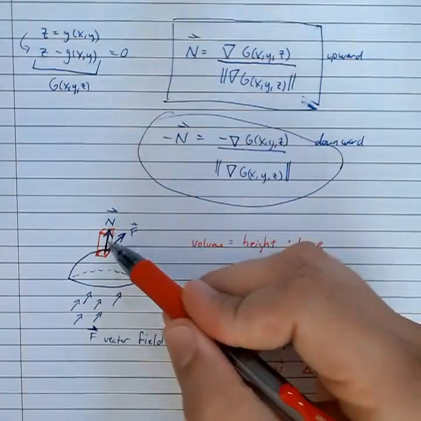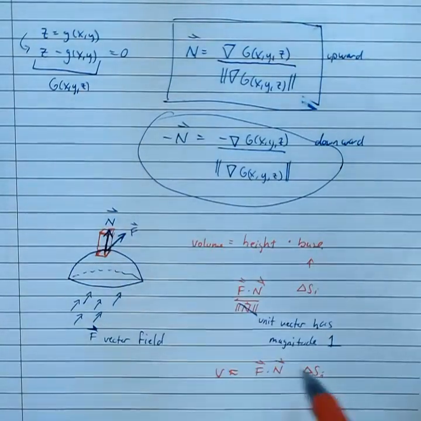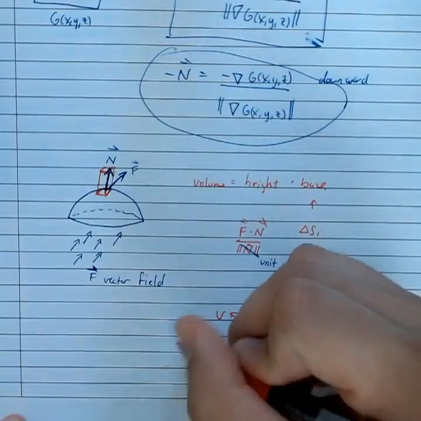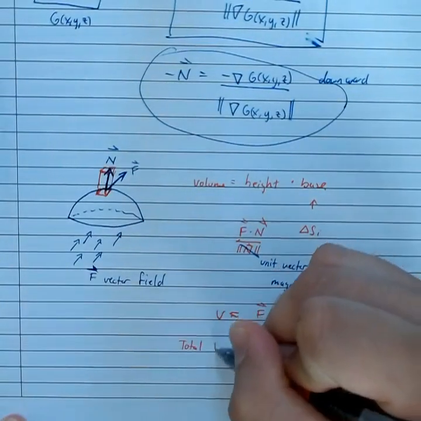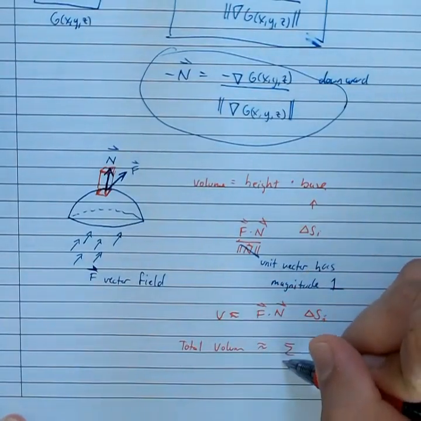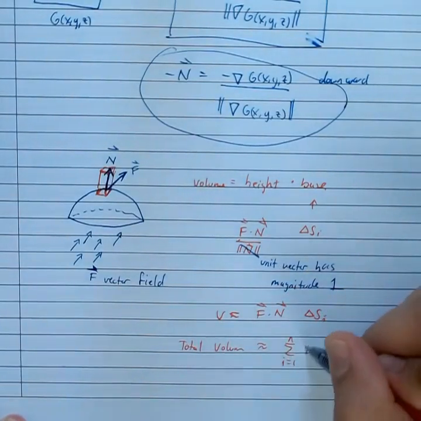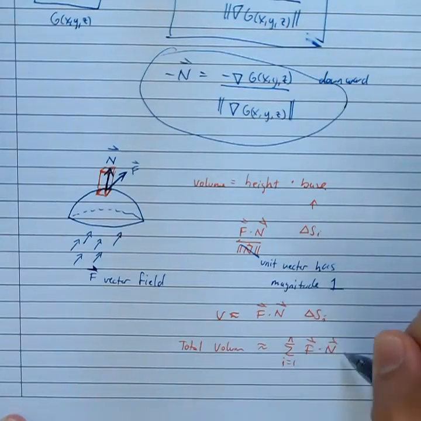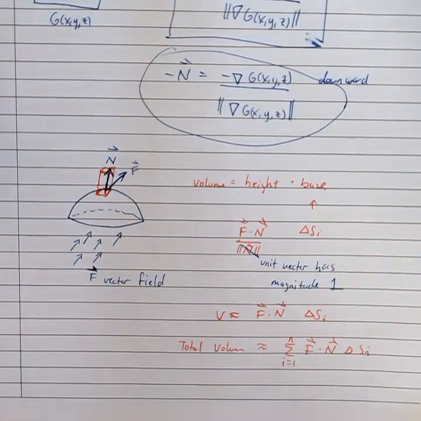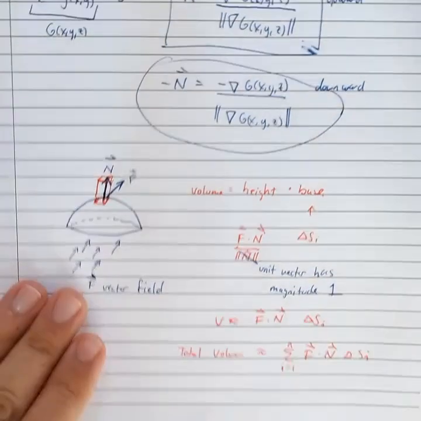Then, given that direction, this is the amount of fluid that is flowing in exactly that direction. So if I want to find the total volume, again, that's going to be approximately the sum of all of those. The sum as i goes from 1 to n of F dot n delta S sub i. Okay? Oh, okay, so that brings us to our definition.